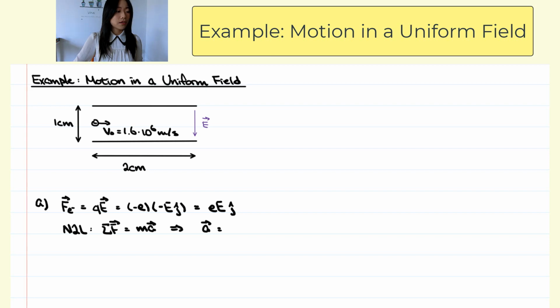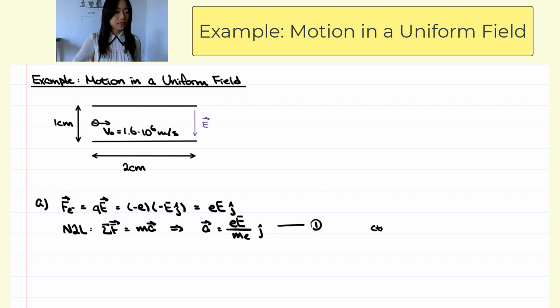The net force here, we just found that it equals e times the electric field, since the electric force is the only force. So e times the magnitude of the electric field divided by the mass of the electron, and it is pointing in the j hat direction. Let's call this equation 1.